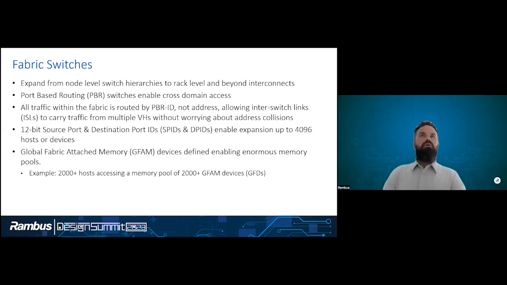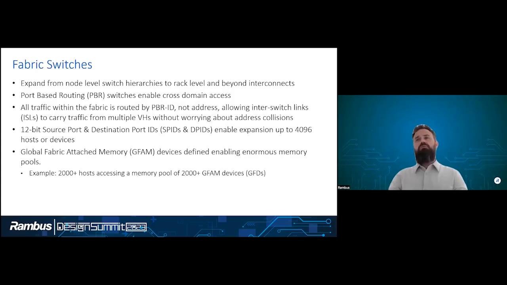A lot of this is enabled with the port-based routing IDs that are implemented as part of the CXL 3.0 256 byte flit. It's these port-based routing IDs that allow these interswitch links to carry traffic from multiple VHs, or virtual hierarchies, without any sort of address collisions, each virtual hierarchy having its own address domain.